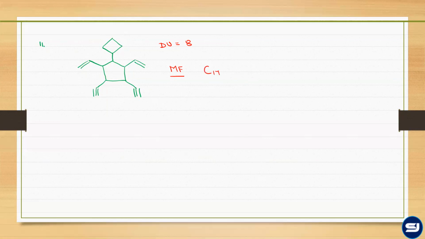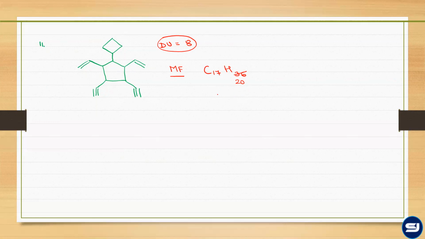So C17 के साथ first you write the molecular formula of an alkane, which is CnH2n+2. So it will become 36. And now for DU equal to 8, how many hydrogens are deficient? 16. 1 DU corresponds to 2 hydrogen, 8 DU will correspond to 16 hydrogen deficient, and that's why the molecular formula is C17H20.